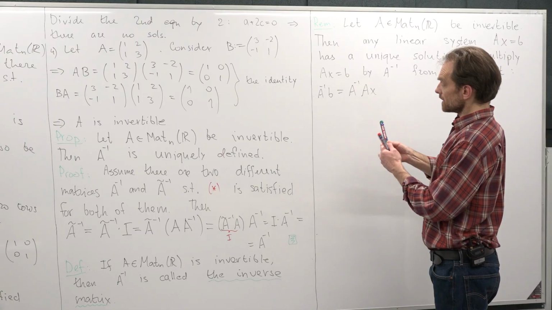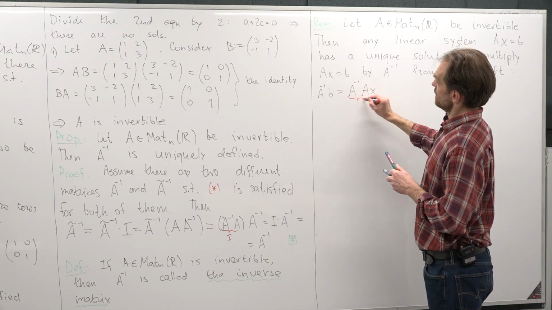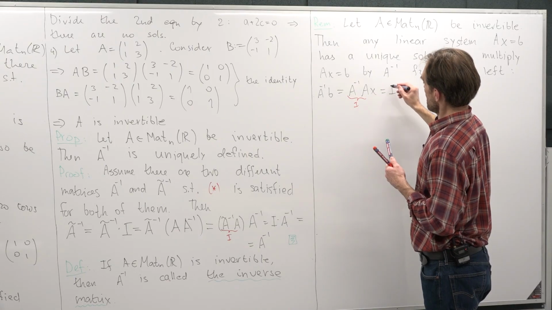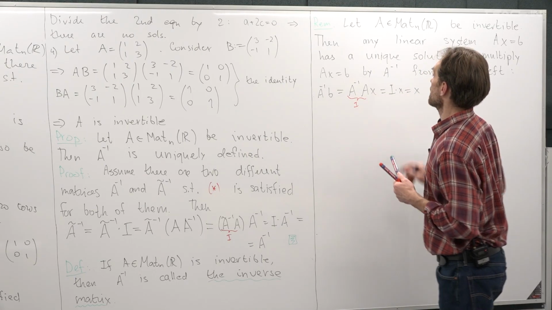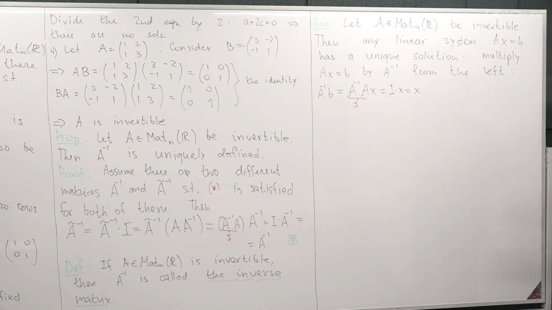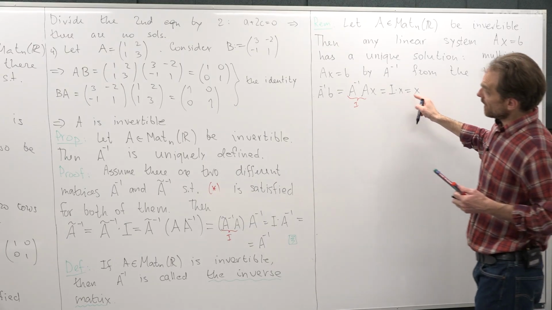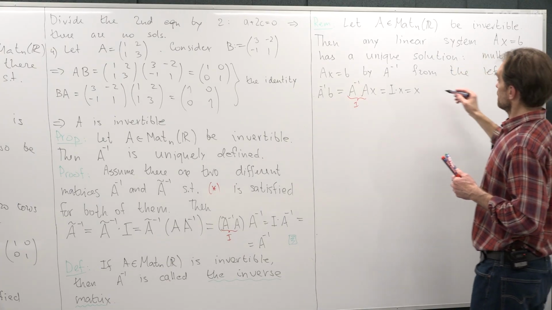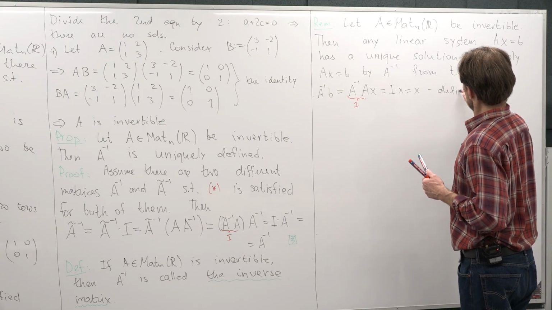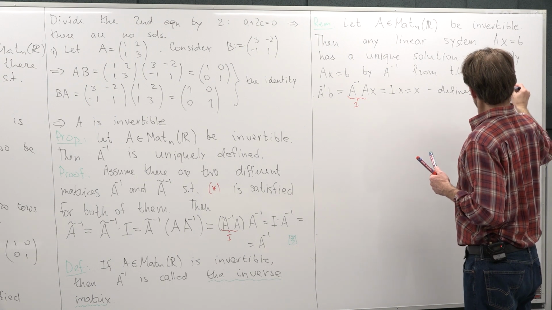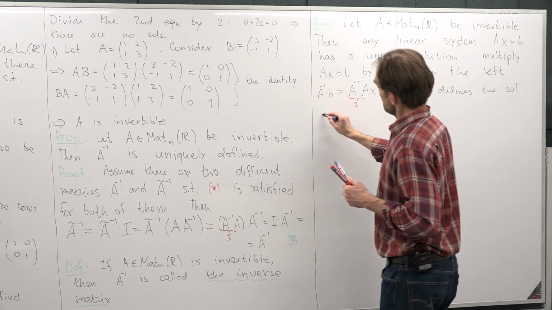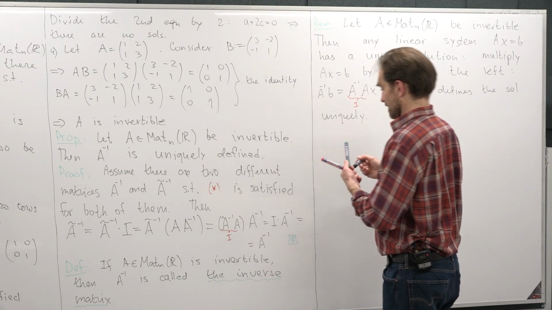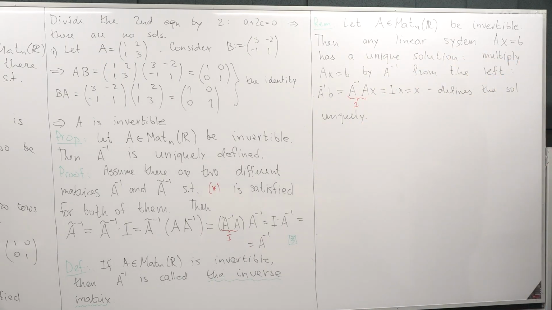So this is the identity. So I get I multiplied by x, and I get x. So x is uniquely defined as the product of A to the minus 1 by b. So this defines the solution uniquely.